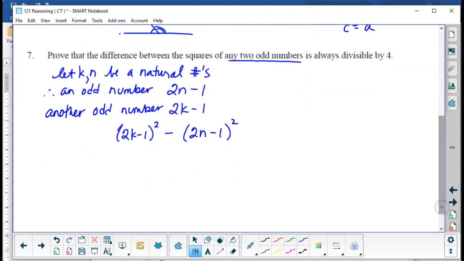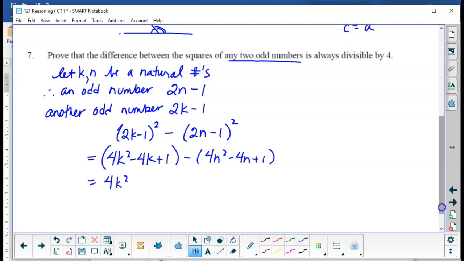Okay, so now you use your algebra skills. And you'll notice that the ones go away.